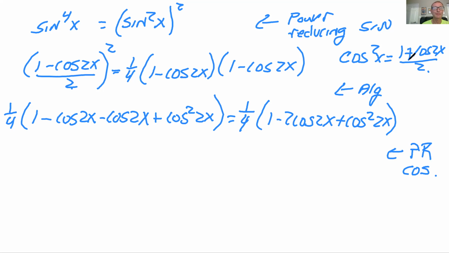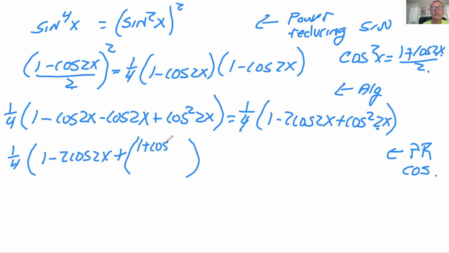And so when we do that substitution, you get 1/4 times 1 minus 2 cosine of 2x, and then plus, now we do our substitution. So look, we have a 2x here, right? So 2x times 2x is going to give us 4x. So this would be 1 plus cosine of 4x, all divided by 2.